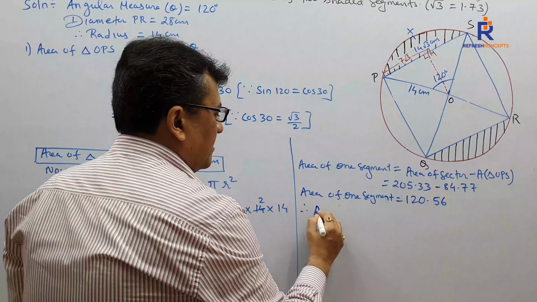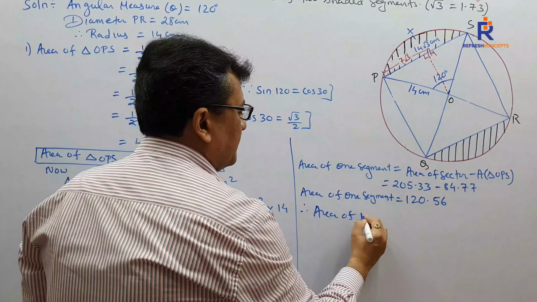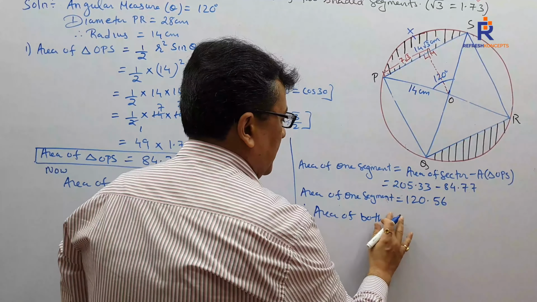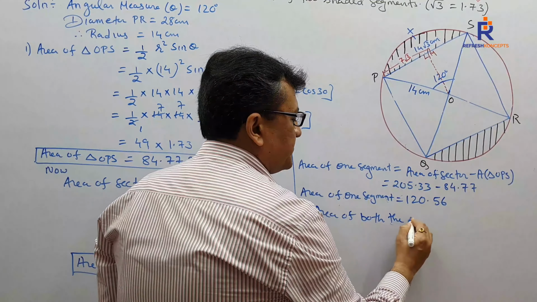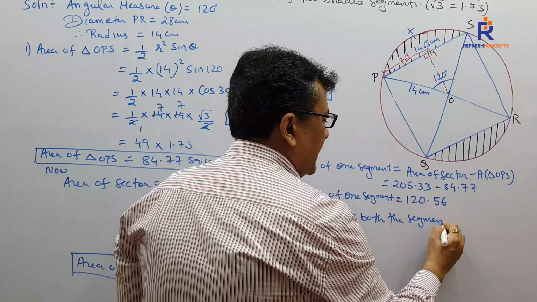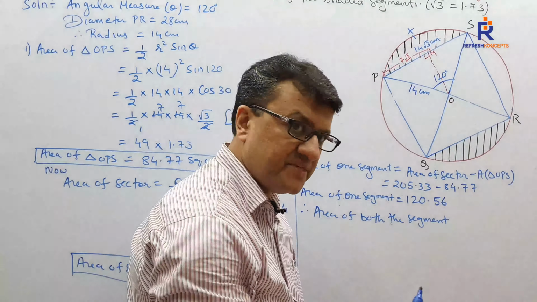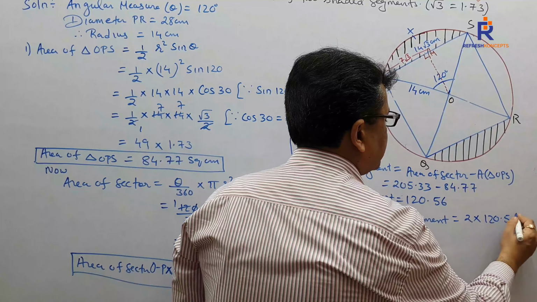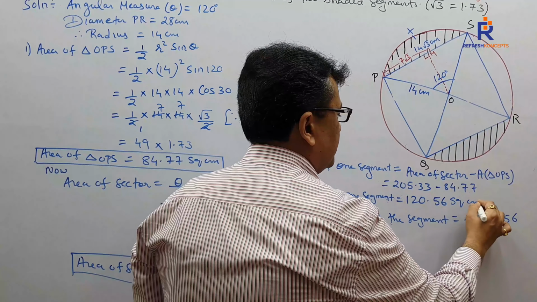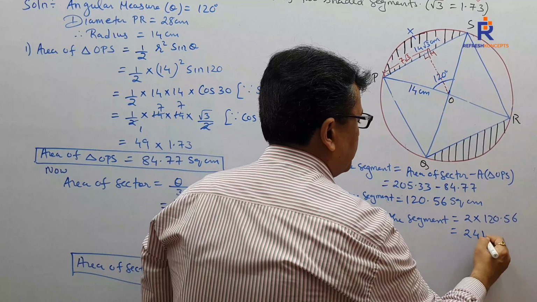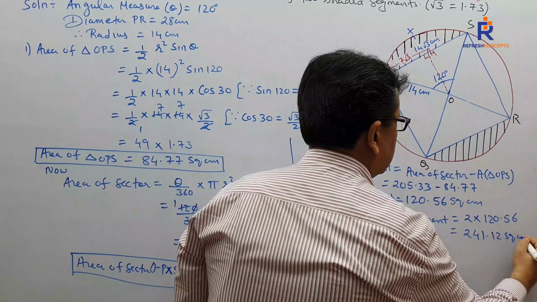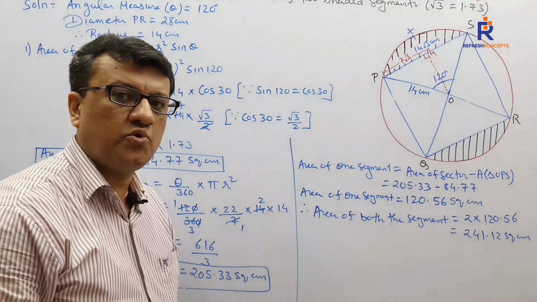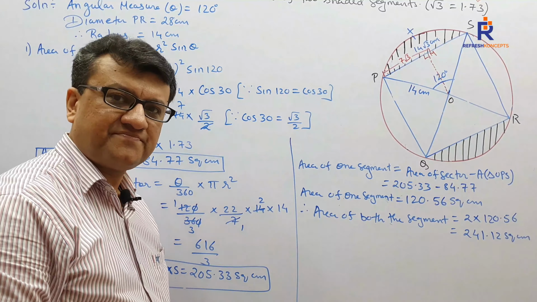Therefore, area of both the segments, can I say area of shaded region also? Yes, is equal to 2 into 120.56. Mind you, I shall write square centimeter: 241.12 square centimeter. Area of both the segments is 241.12, or you can say area of shaded portion.